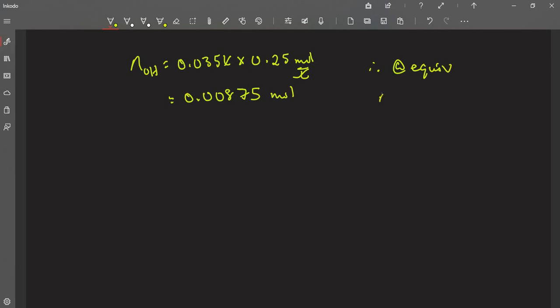Now, at that equivalence point, we know that the number of moles of OH ions is equal to the number of moles of hydrogen ions. Therefore, since at equivalence we have this many moles, the number of moles of hydrogen ions is the same.